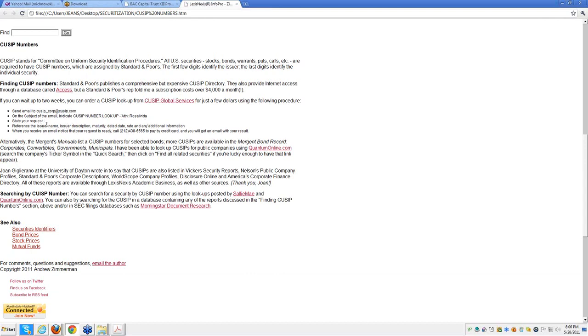State your request. Reference the issuer name, issuer description, maturity, rate, and any additional information. In fact, here's the telephone number, 212-438-6565, to pay by credit card, and you will get an email with your result.